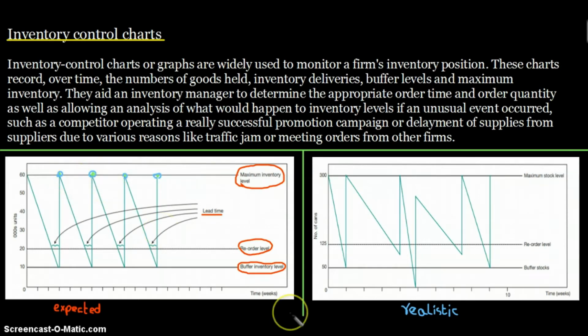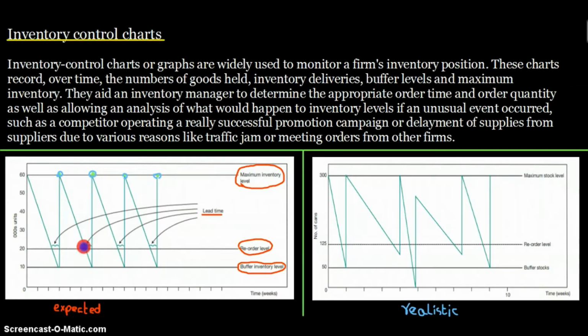So when the supplier has delivered the goods, this is the particular point. As the supplier has delivered you the goods, your inventory reaches the maximum again, and eventually it drops down to this reorder level again, where you place an order to your supplier, then after some time passes, the inventory maxes out again.